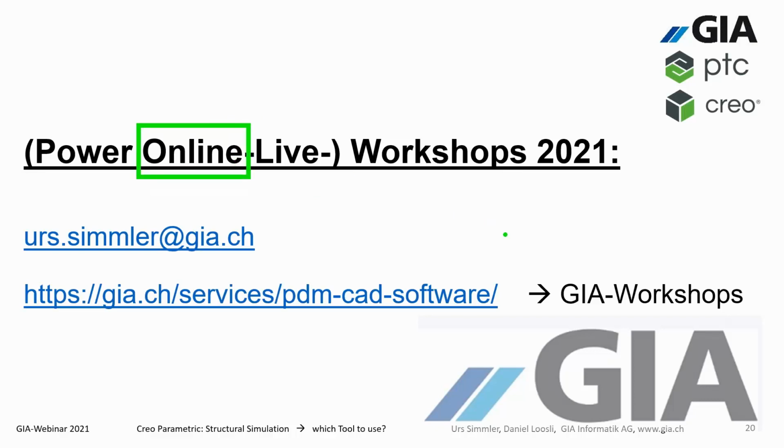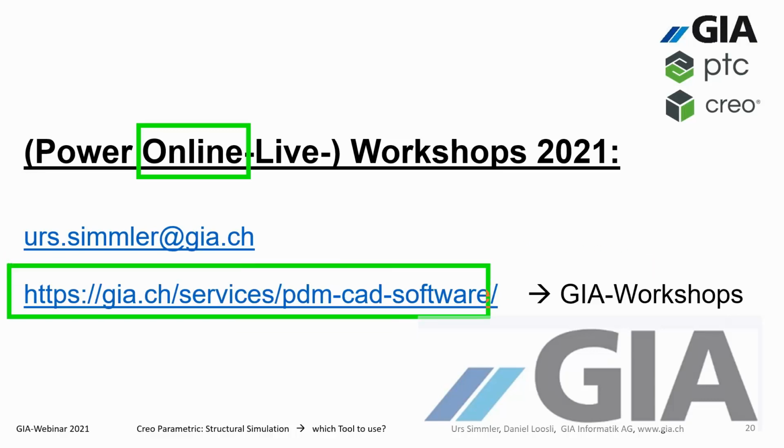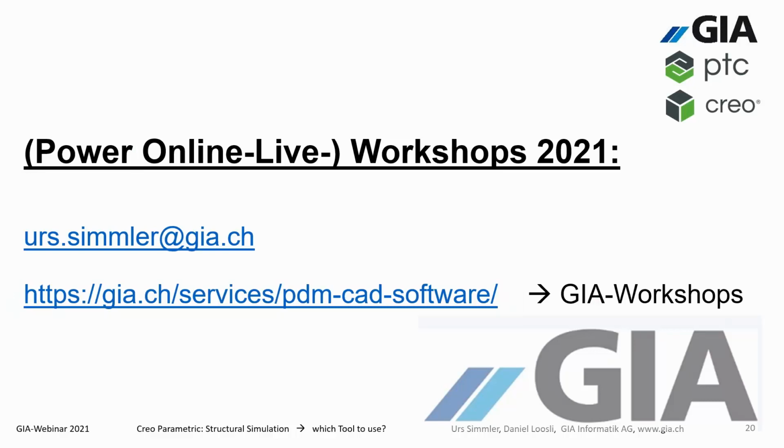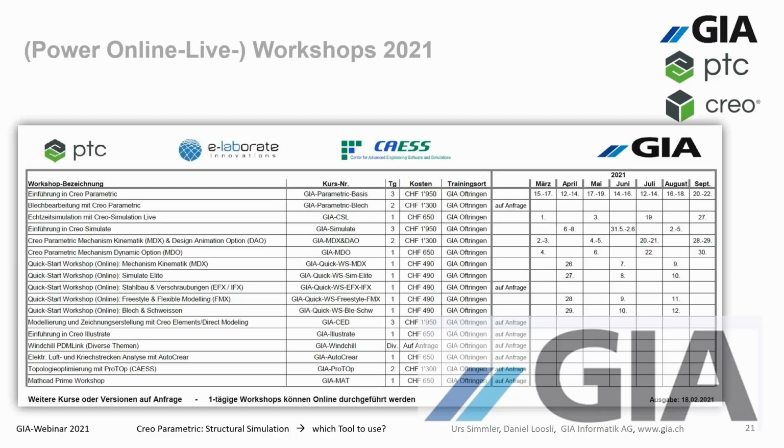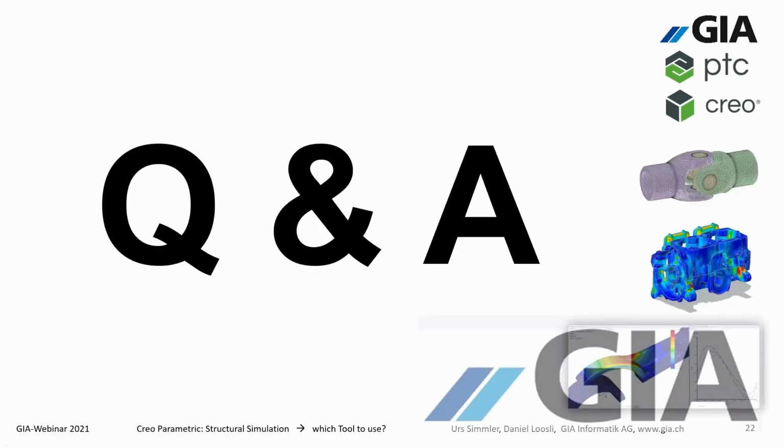This is quite easy because everybody knows the Creo Parametric interface, and so it's quite easy to find the new functionalities. So you'll find here under that link the standard workshops, but we can also perform workshops custom tailored for you online or at your premises. For that reason, contact me. And now we'll have time for question and answer.